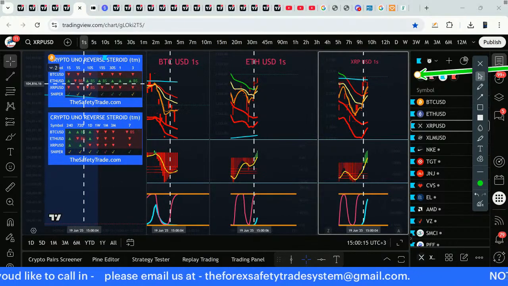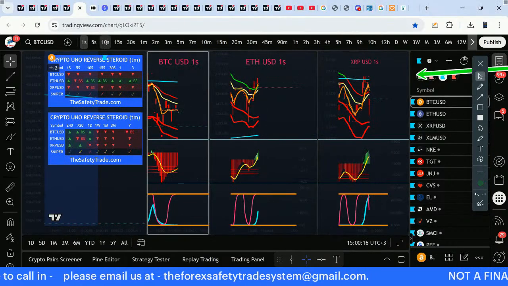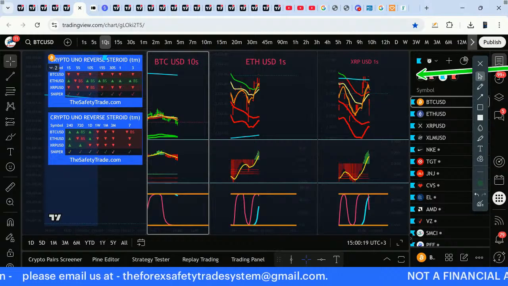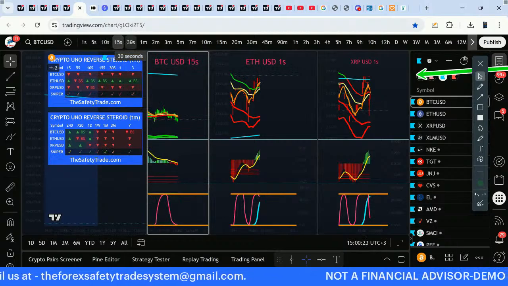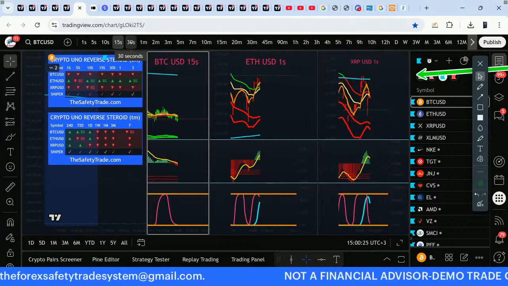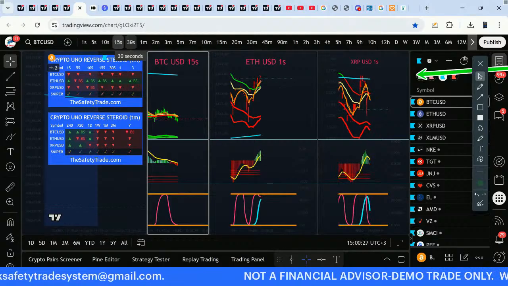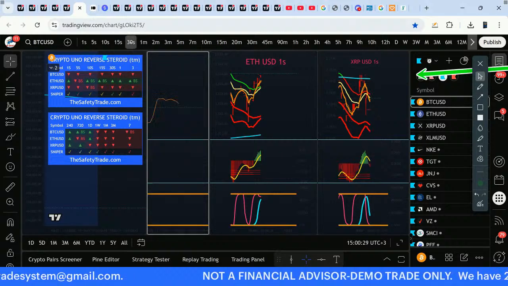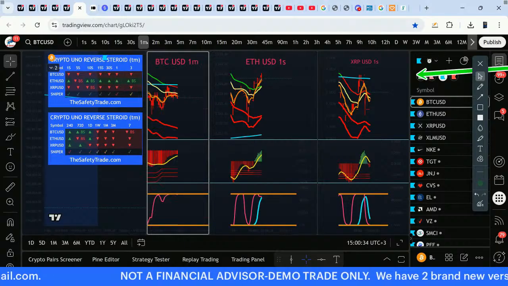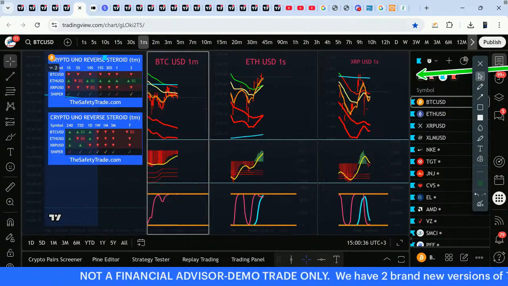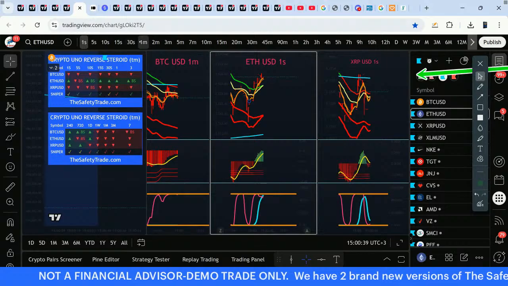The 5-second to 10 seconds. Let's go to Bitcoin 10 seconds. Well below 15 seconds. I see a 4-hour. I see a 6-hour. I see a 1 minute. Let me go to Ethereum 1 minute.